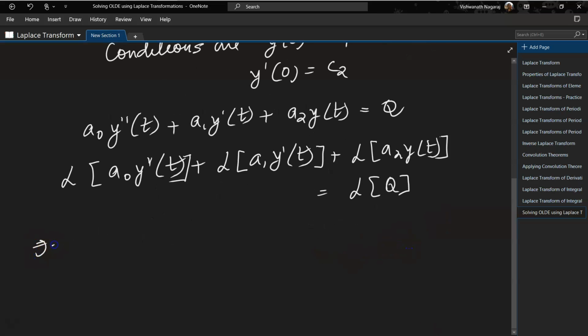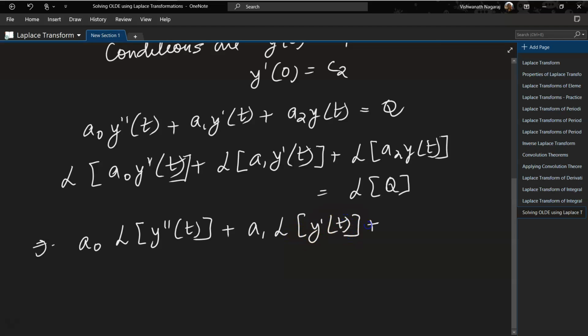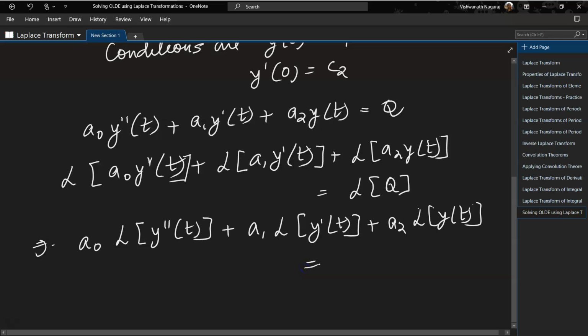Now here constants we can take out, so this becomes a naught Laplace of y double prime of t plus a1 Laplace of y prime of t plus a2 Laplace of y of t is equal to Laplace of q.